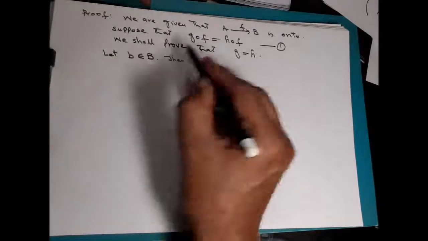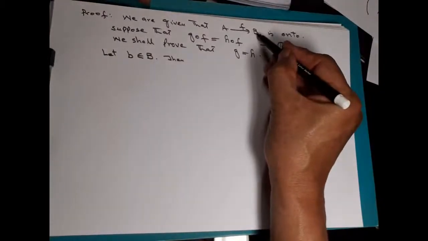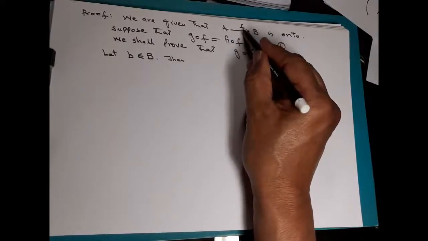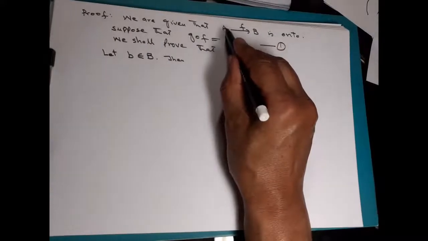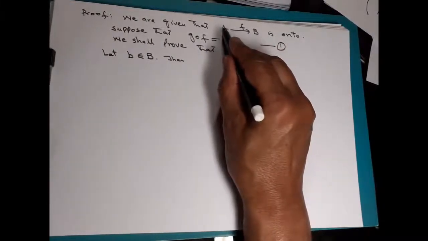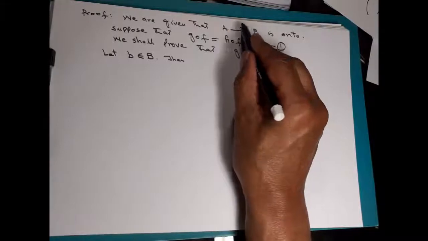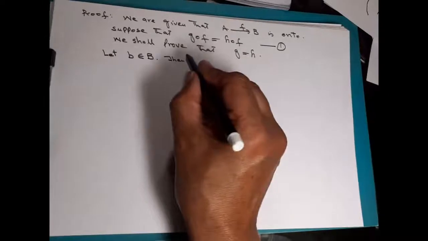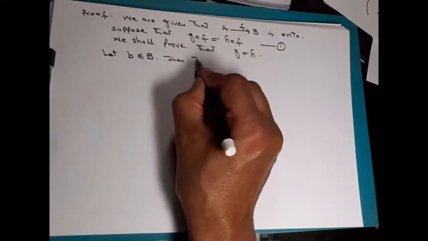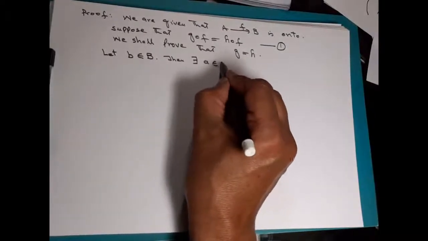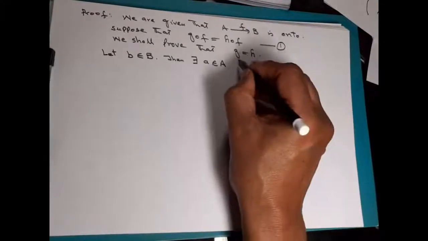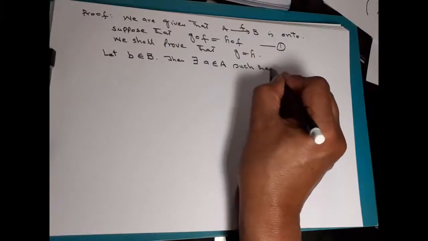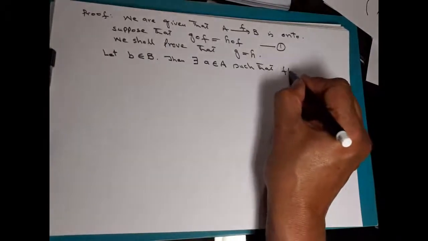Now note that b belongs to B, but this function F is an onto function, therefore there must exist an element a in the set A so that the effect of F on that element is equal to b. Then there exists a belonging to A such that F(a) is equal to b.